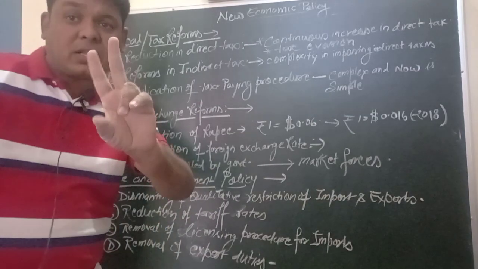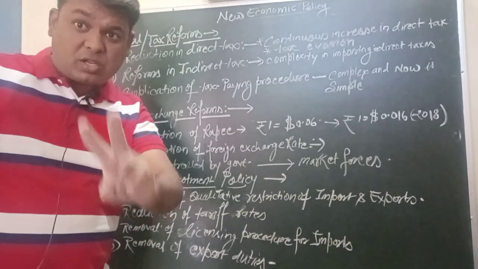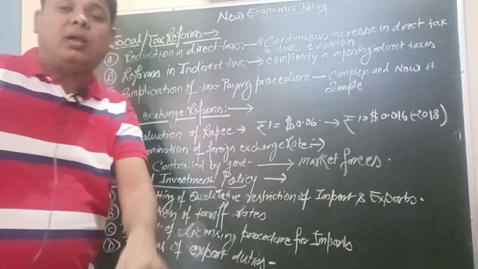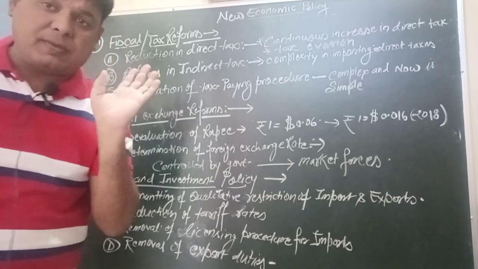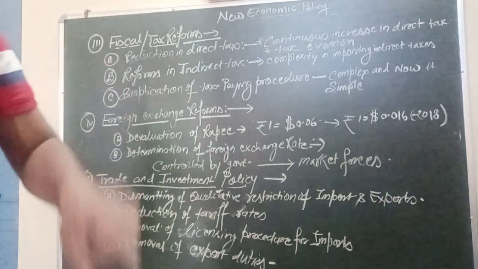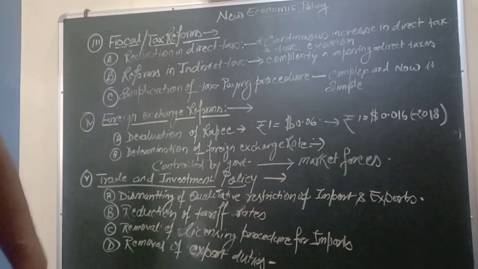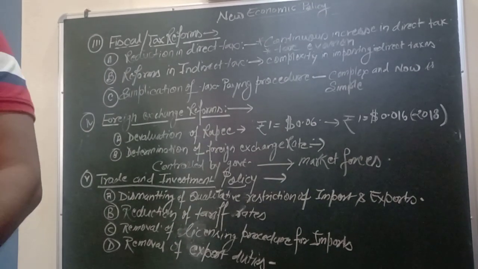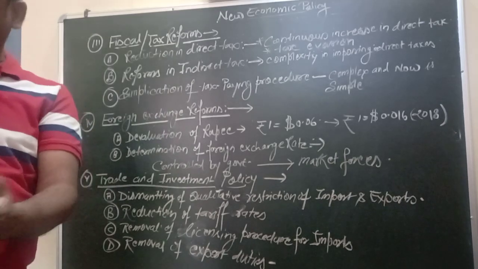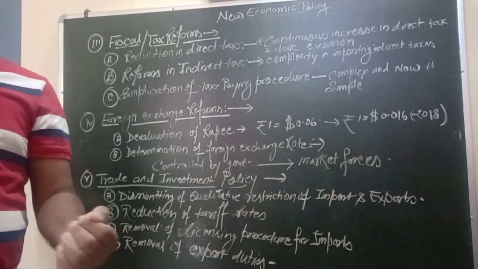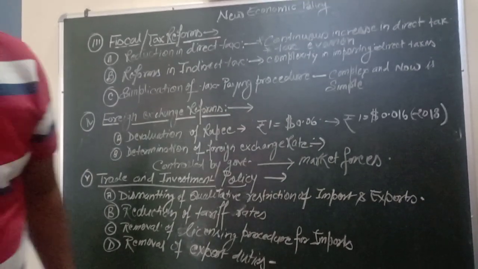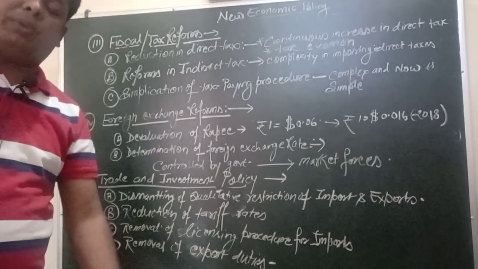These were paid by people for using services. Another example: additional excise duties, service tax, and special additional customs duties were charged by the state government.